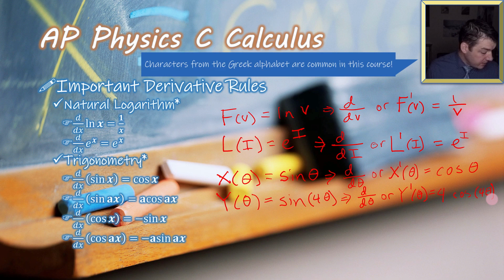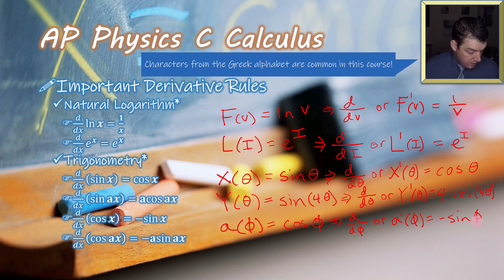Looking at the cosine examples, let's say that a of phi is equal to cosine of phi. Then the derivative based on that input phi, or a prime of phi, is going to equal negative sine of phi.